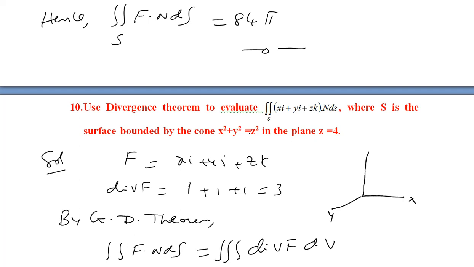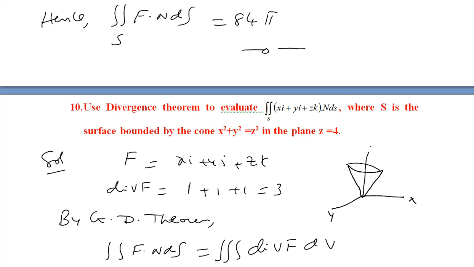Suppose x equals 0, what happened? A point. Z equals 1, another circle. At z equals 4, a circle. Now this is the cone.